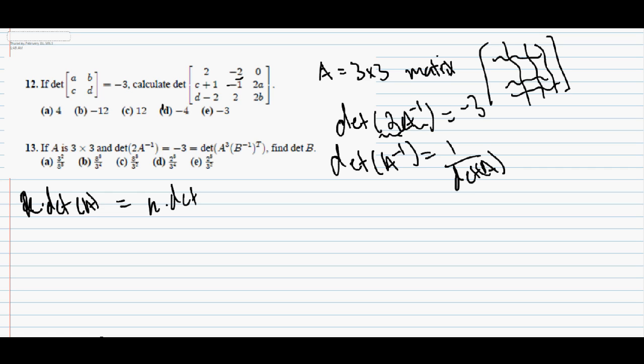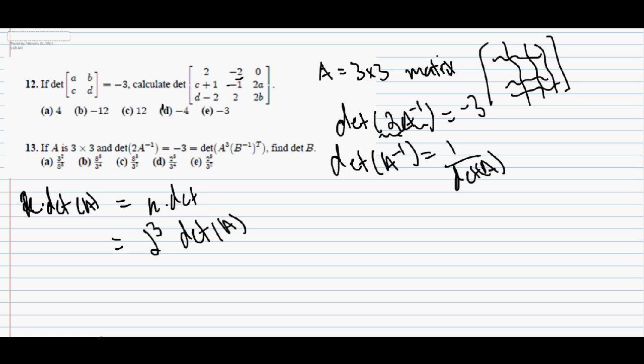But the problem here is we're multiplying this whole matrix by 2. That means we're multiplying 3 rows, 3 columns. That means it's 2 cubed times the determinant of A. Let's get that straight.